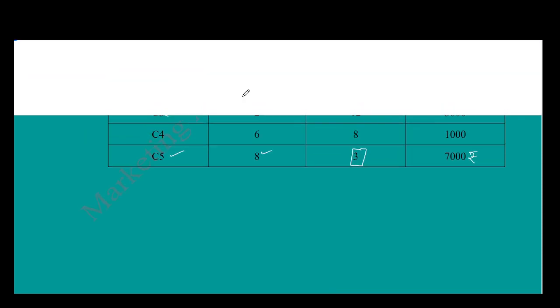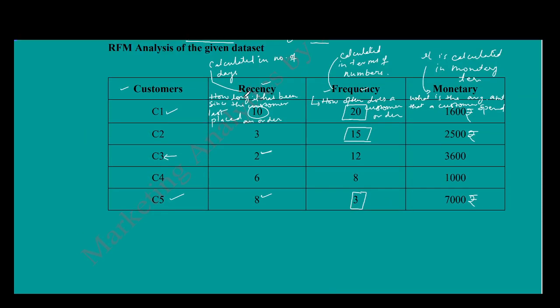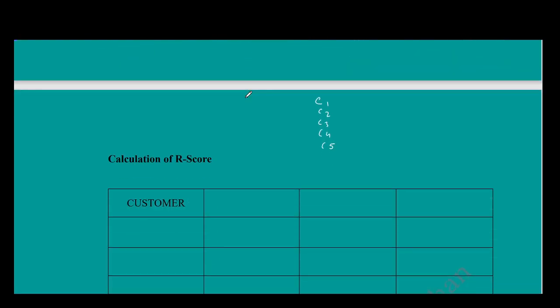C1, C2, C3, C4, and C5, and the recency values were 10, 3, 2, 6, 8. These are the values.